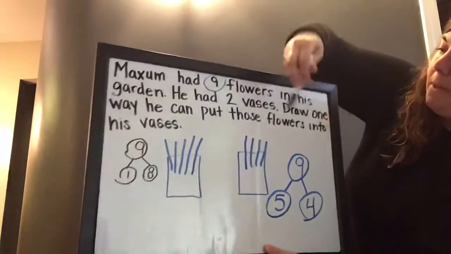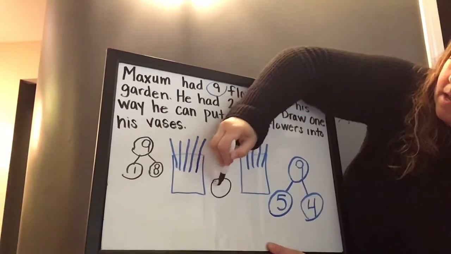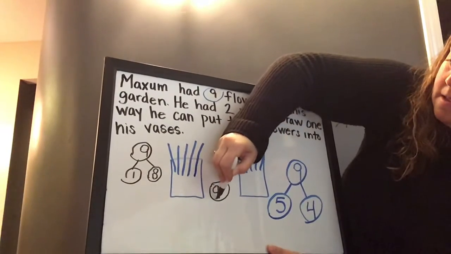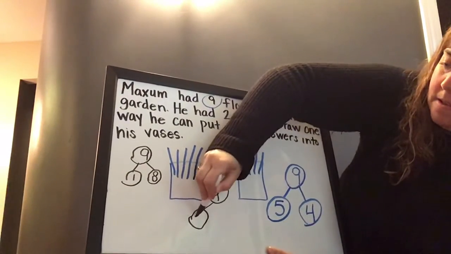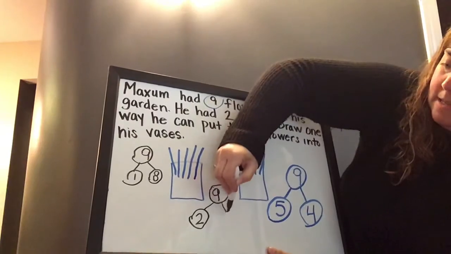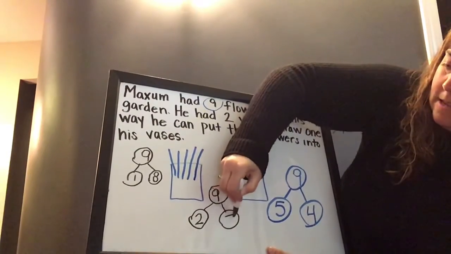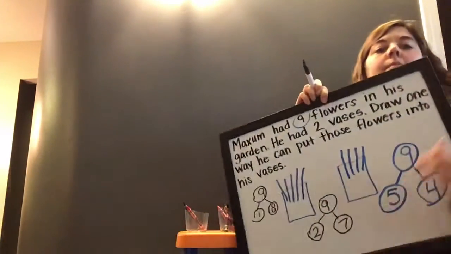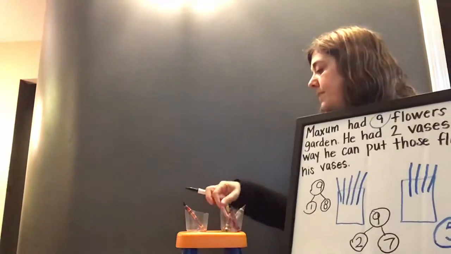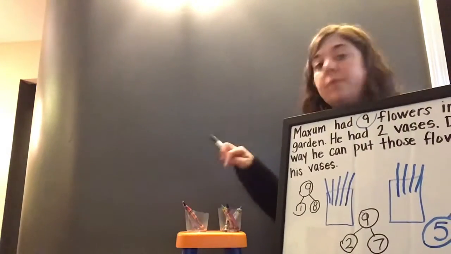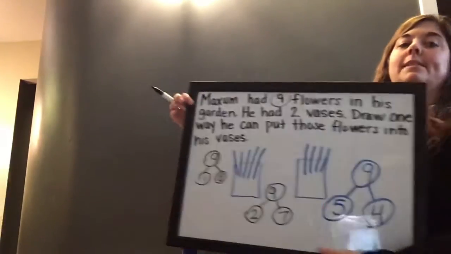So 9 and 7. Or you might have 3 and 6 because 3 and 6 make 9.